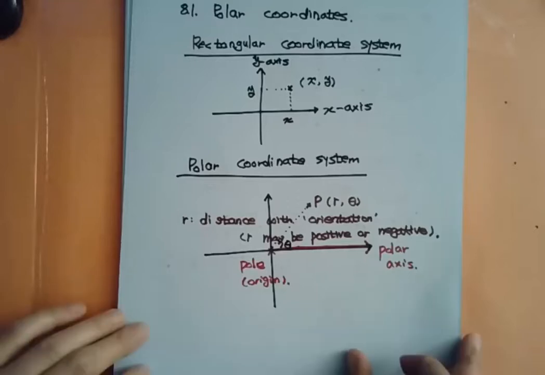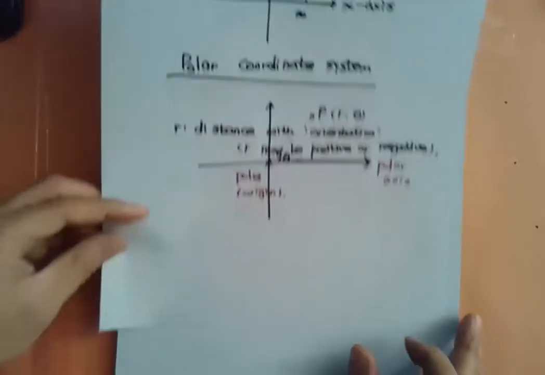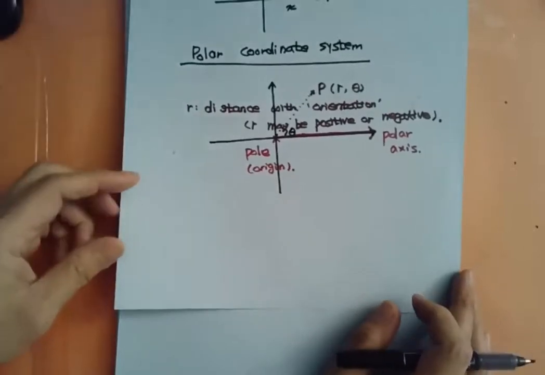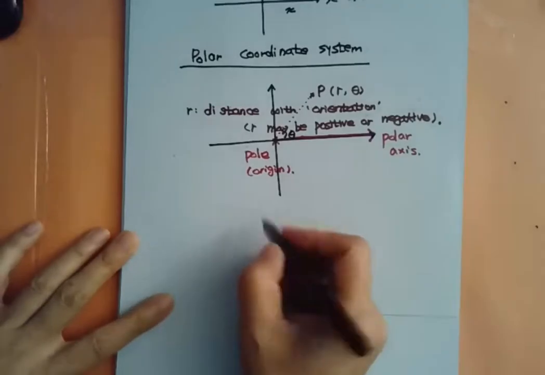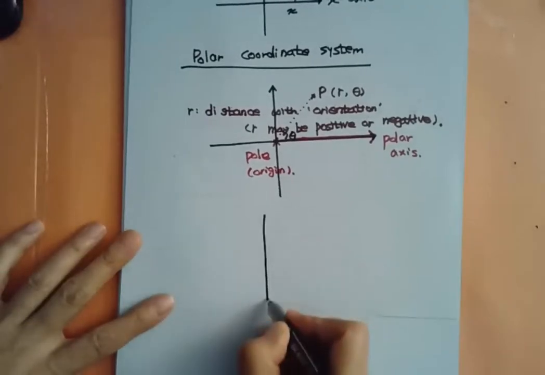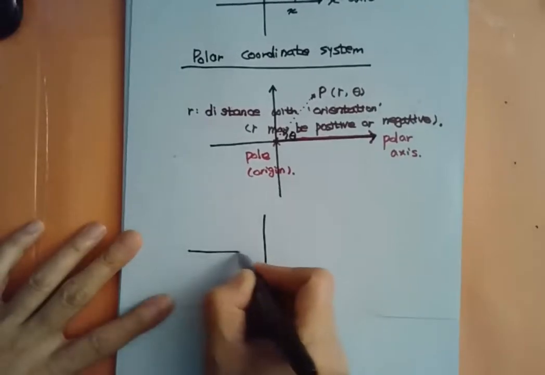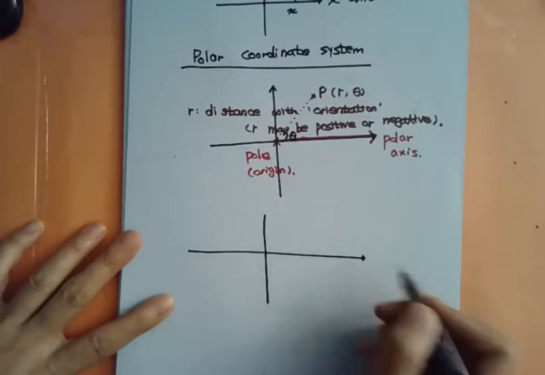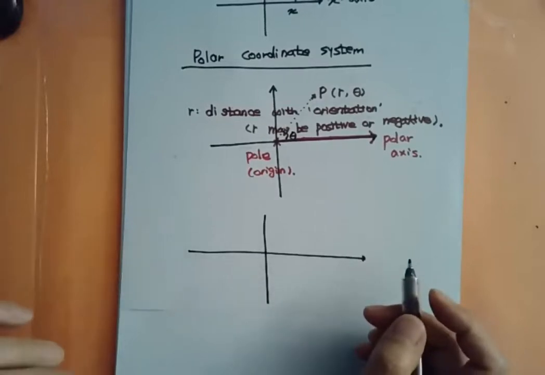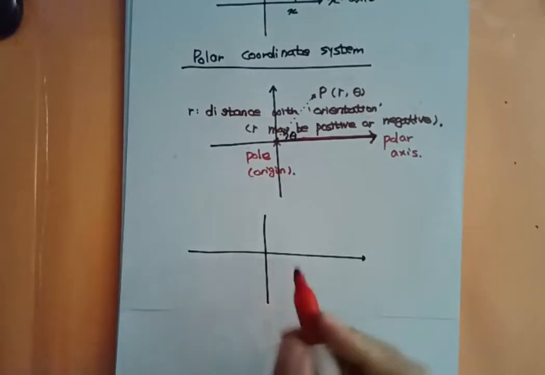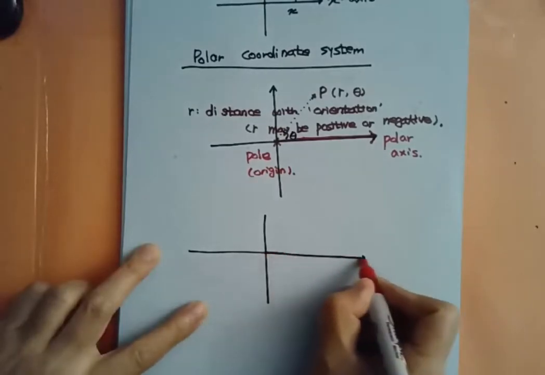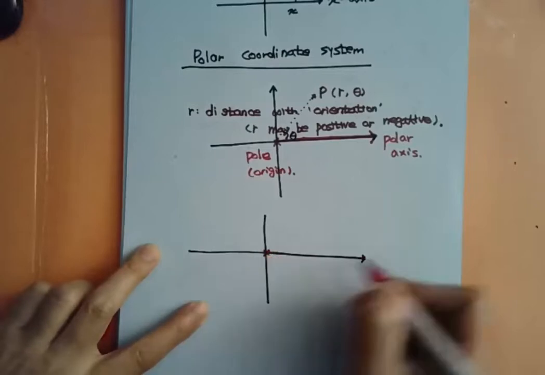I said r is the oriented distance, so let me tell you what it means. So this is the polar axis.